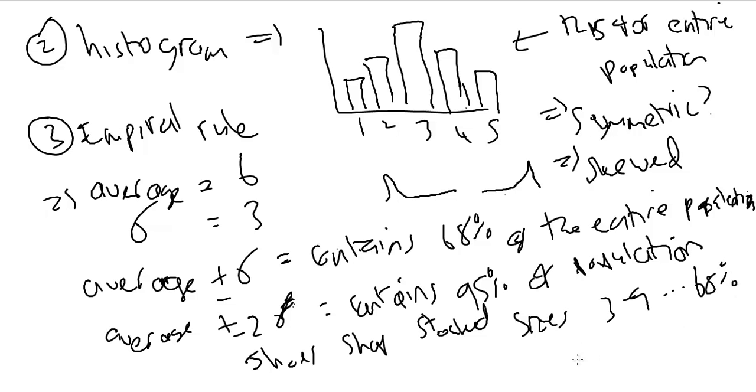If, on the other hand, you stocked sizes, well, yeah, I suppose 2 standard deviations would be 0. So I'll just call that 1. So if I had 1 to 12, you'd have shoes that would fit 95% of the population.